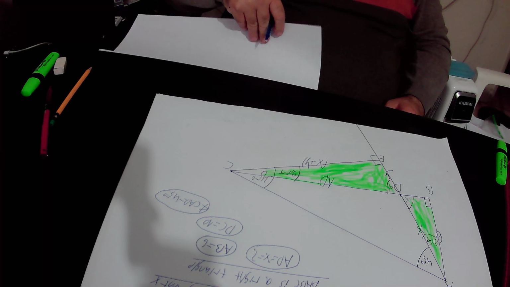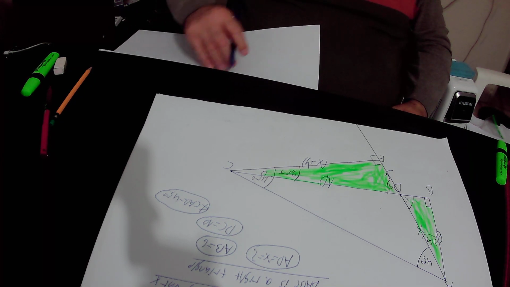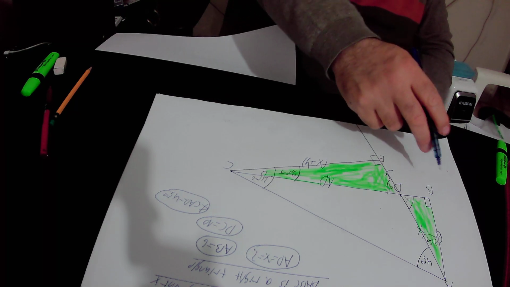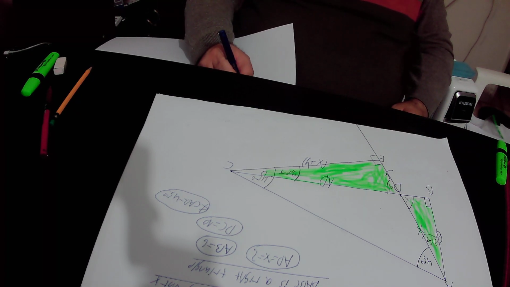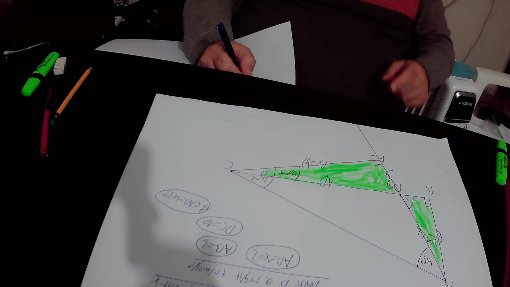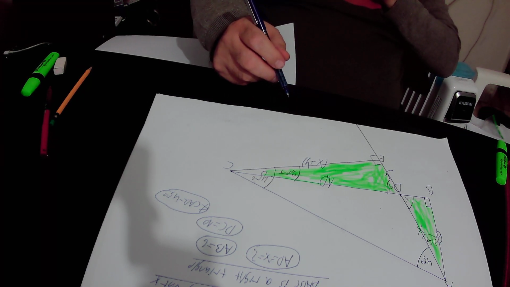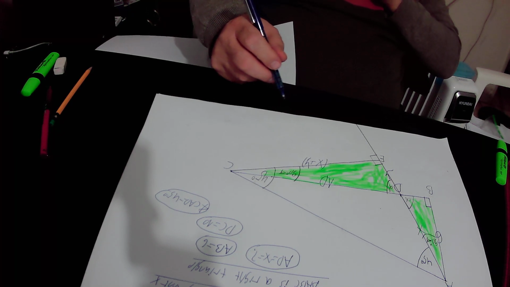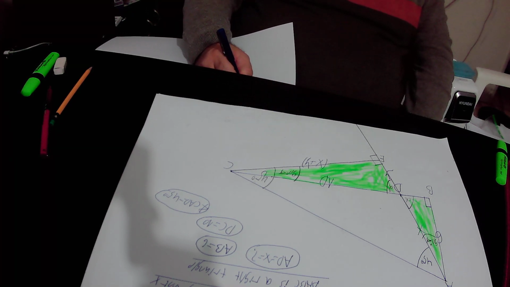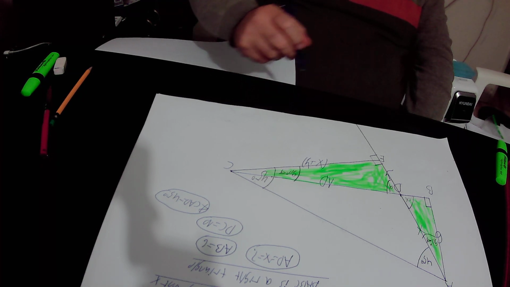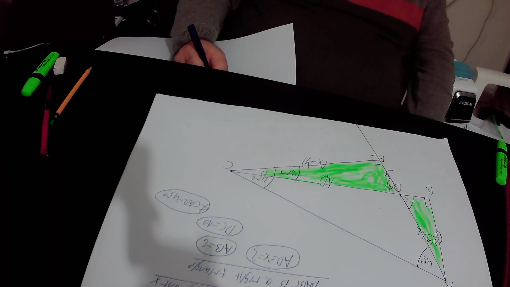We'll conclude that AB over EC is equal to BD over DE.